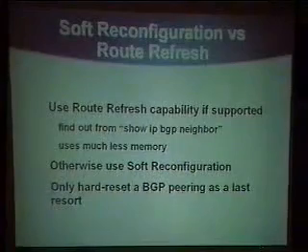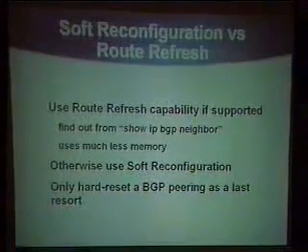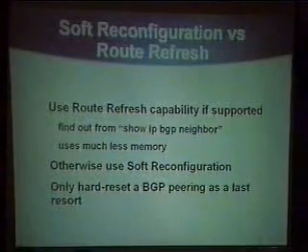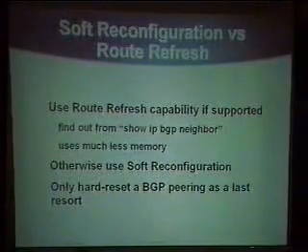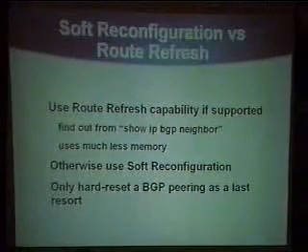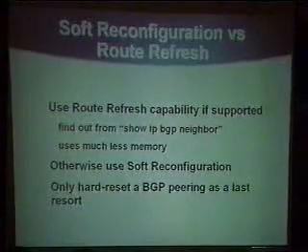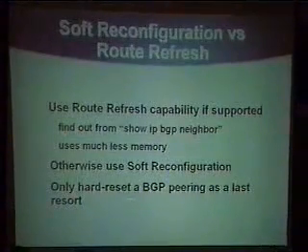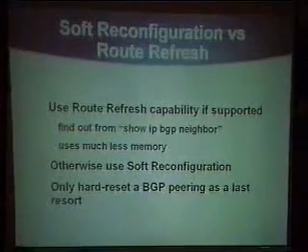Otherwise, route refresh should work between most implementations. Some people like using soft reconfiguration because they like to see what they get from the neighbors before it's filtered, and if you want to do that, that's fair enough. And the final line: only use a hard reset as an absolute last resort.